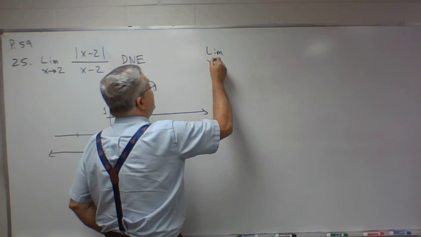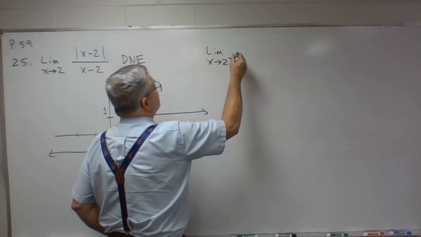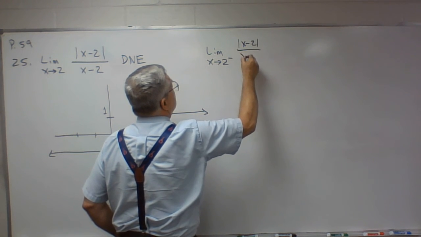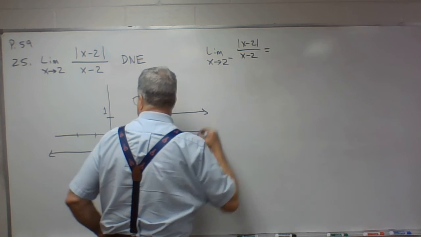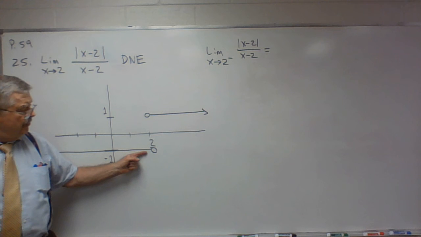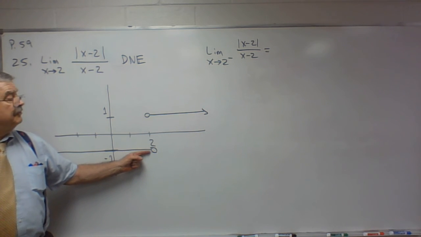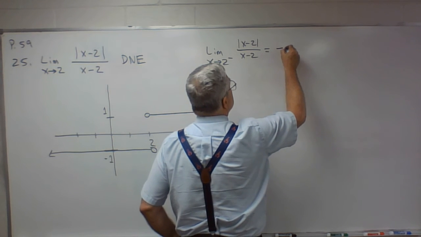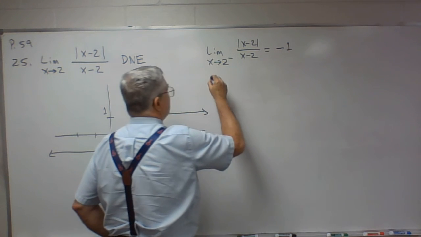The limit as x approaches 2 from the left of this function, and as x approaches 2 from the left, the y value stays steady at negative 1. So this one-sided limit is equal to negative 1.